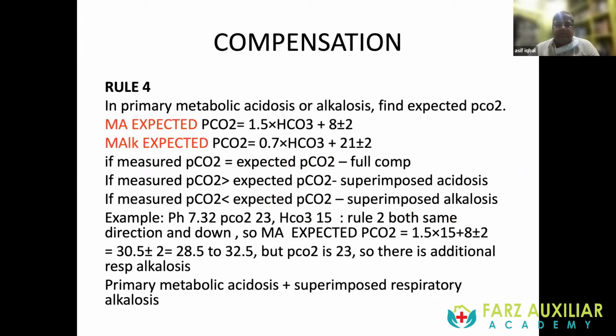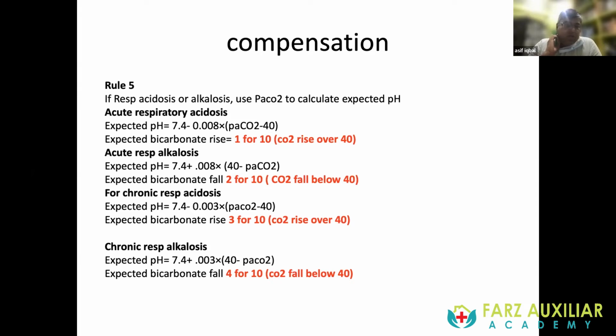Rule number 4 is for primary metabolic acidosis or alkalosis: find the expected PaCO2. That is the compensation, whether it is full compensation or overcorrected. Now in chronic respiratory acidosis, the expected pH will be 7.4 minus 0.003 into PaCO2 minus 40. In chronic respiratory alkalosis, it is 7.4 plus 0.003 into 40 minus PaCO2.